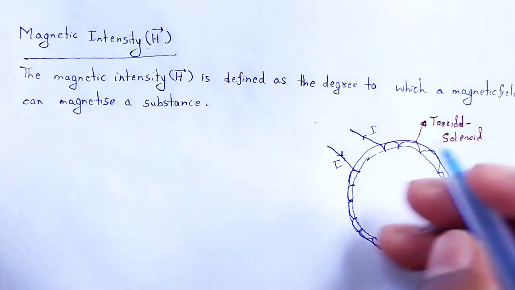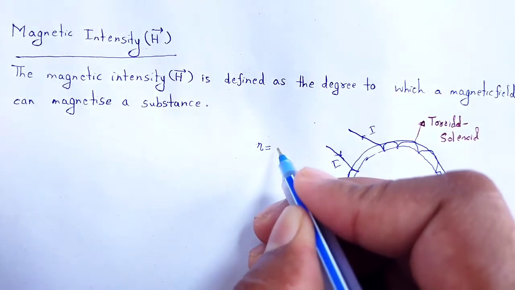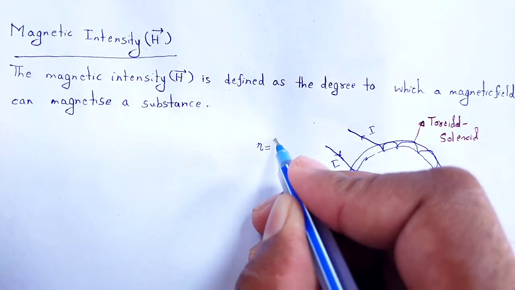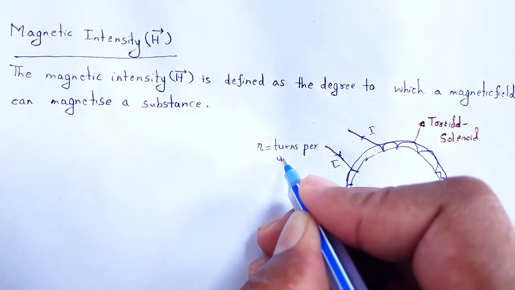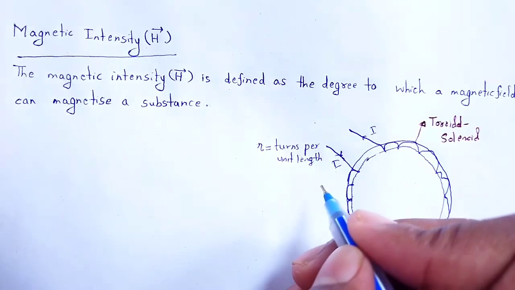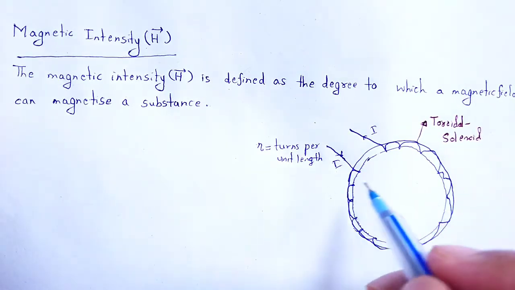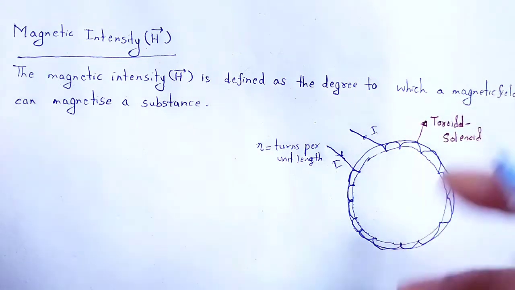Here small n turns per unit length, and I amount of current passes through that toroidal solenoid.